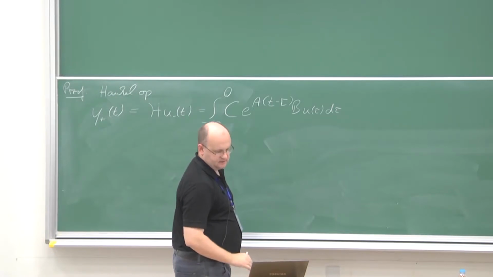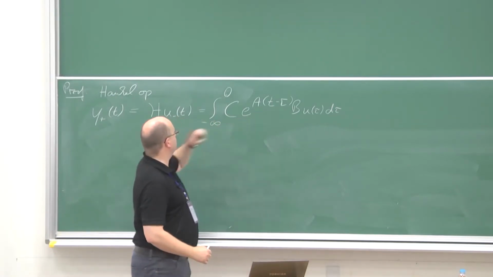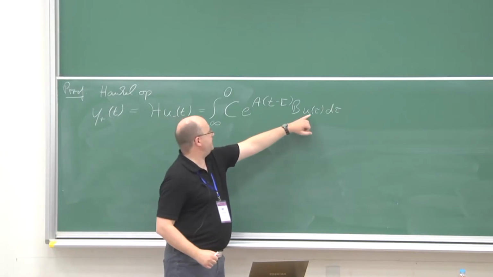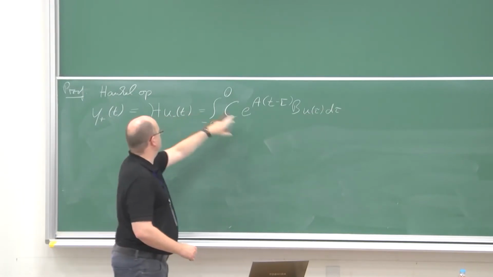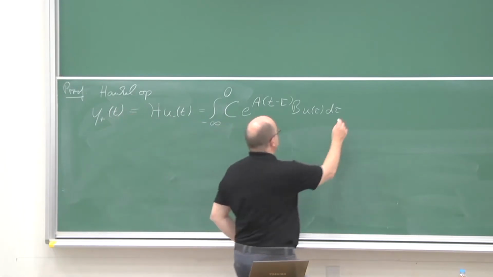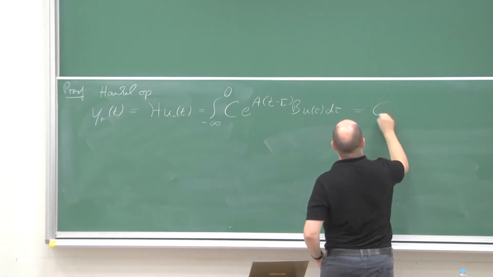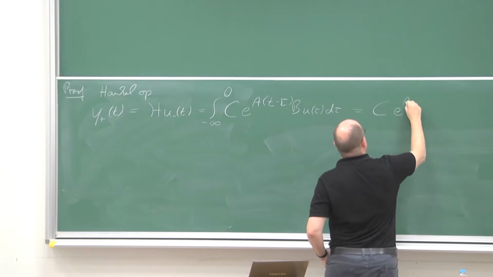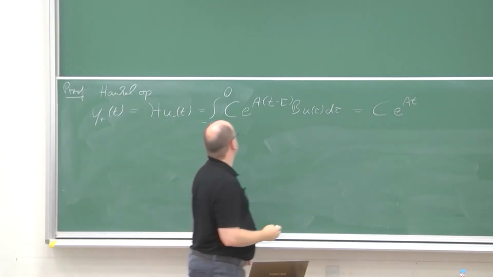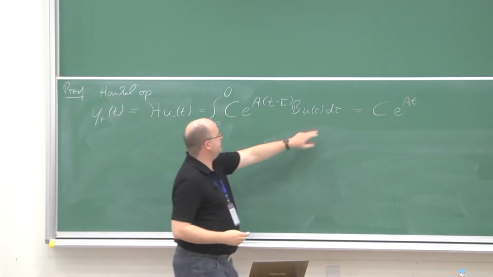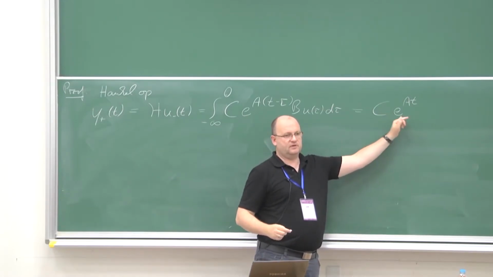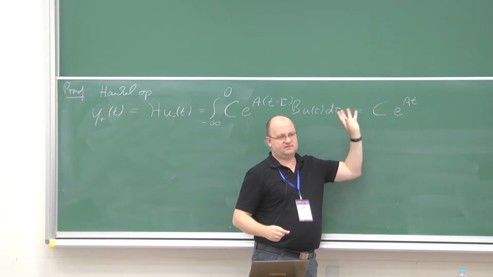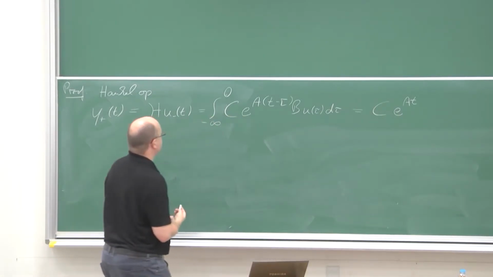So the first thing we do, we pull out everything that doesn't depend on the integration variable tau to the left. Okay. So you see already in the very beginning the structure of the integral formula of the Gramians evolving. That's where we are after.